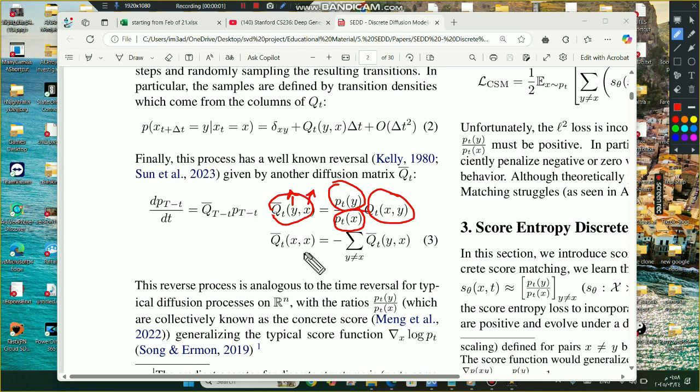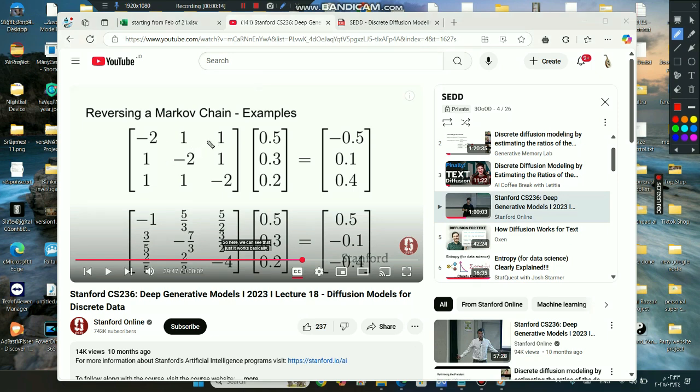The other relationship: if we want to find the element in Q inverse that corresponds to X remaining as is, we will sum all those elements over here. Now I will show you an example. This is the QT, and we have multiplied this QT by the probability distribution vector and got this transition.